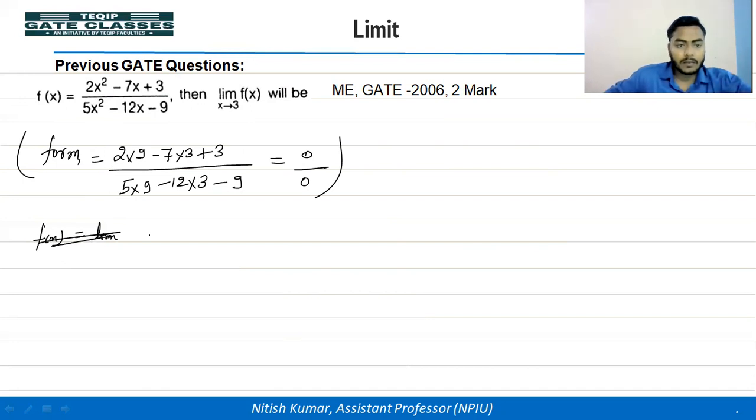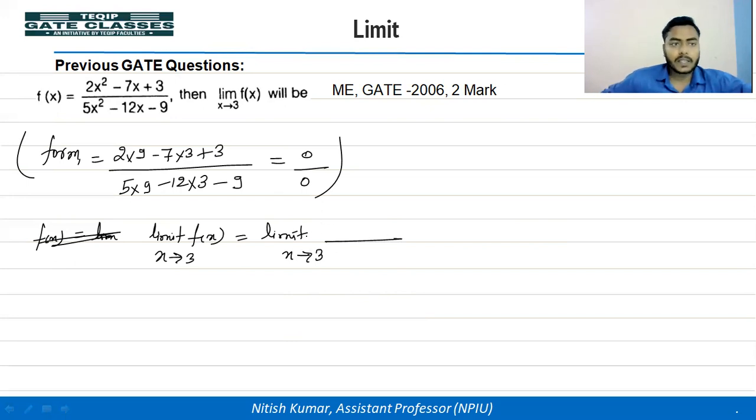Calculate limit of f(x) when x tends to 3 is equal to limit. Differentiate numerator and denominator with respect to x. What is coming? Differentiation of x square is 2x, and 2 is in front, so it becomes 4x minus 7 plus 0.